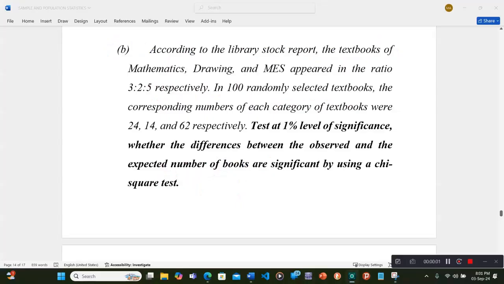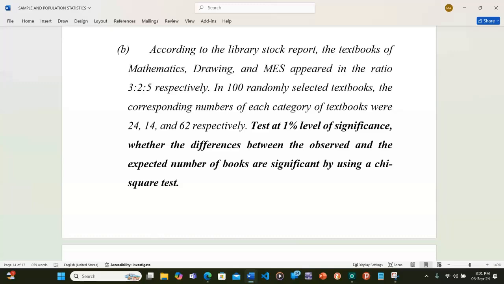So dear friends, we have a problem on application of a chi-square test. According to the library stock report, the textbooks of mathematics, drawing, mechanical engineering science appeared in the ratio 3 to 2 to 5, respectively.